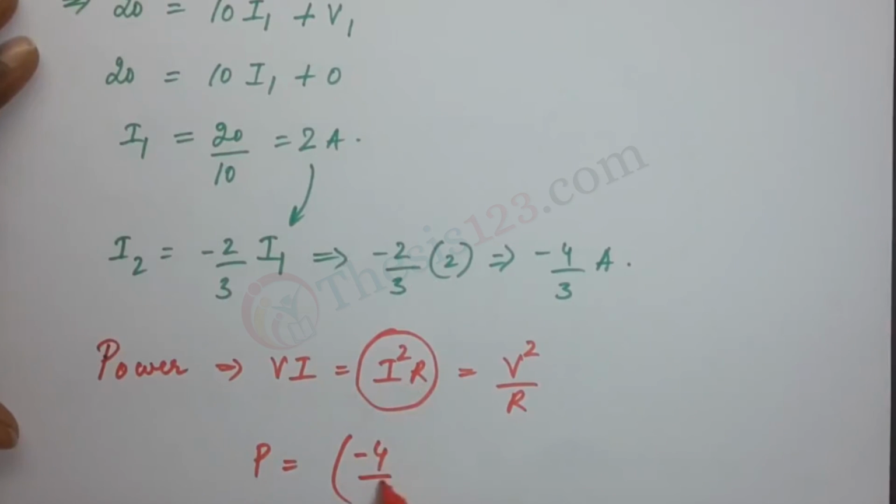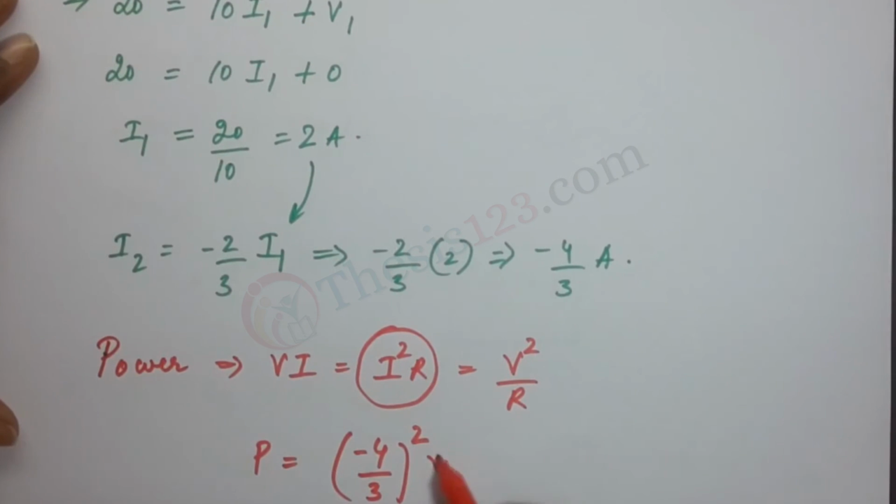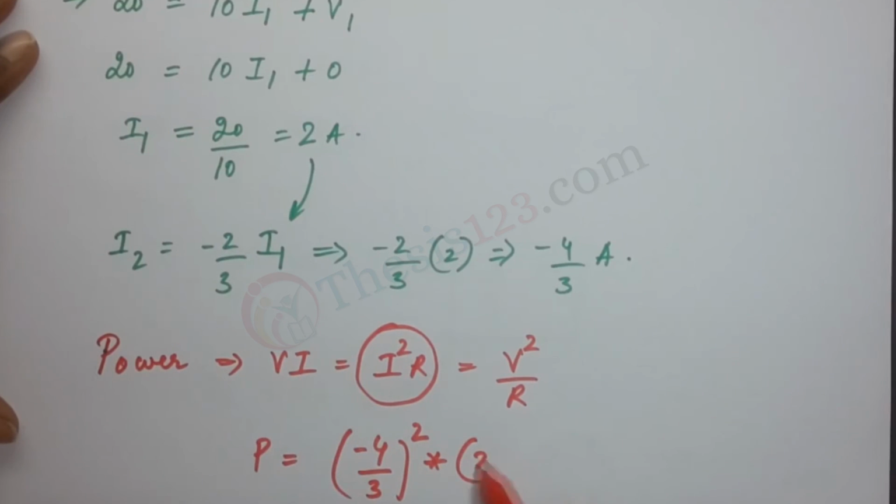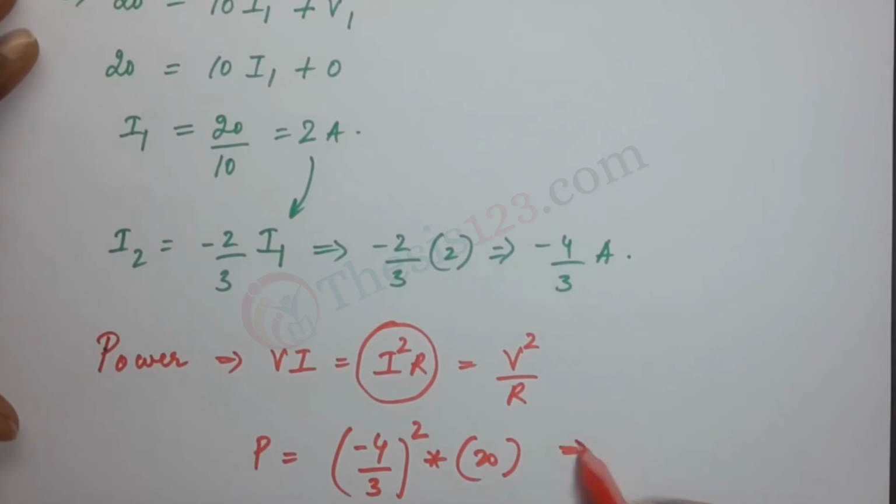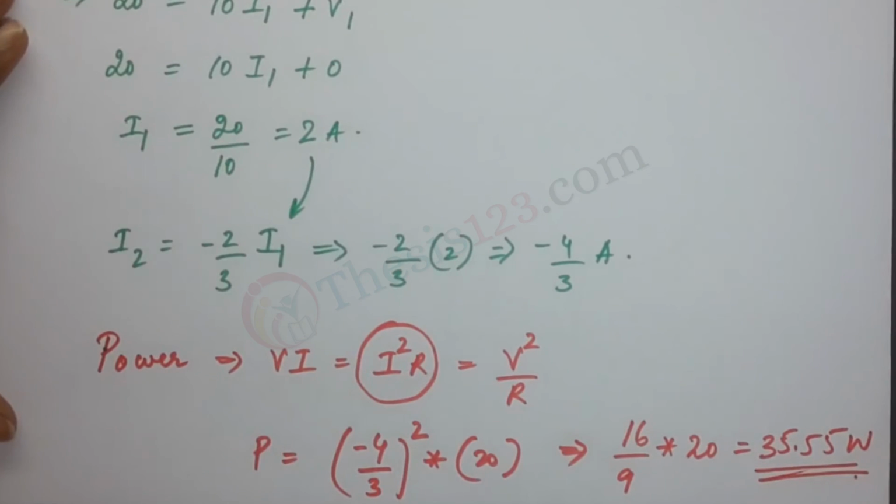So that's minus 4 by 3 whole square into R, which is 20. Solving this, we get 16 by 9 times 20, which is 35.55 watts. So this is our final answer.